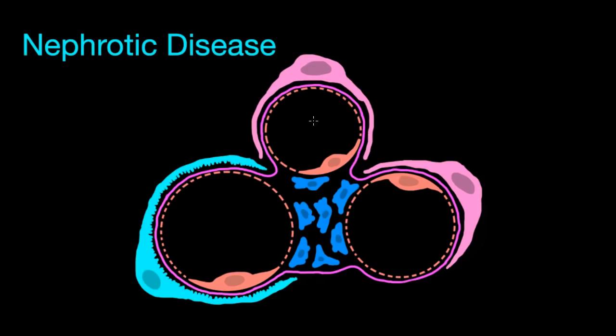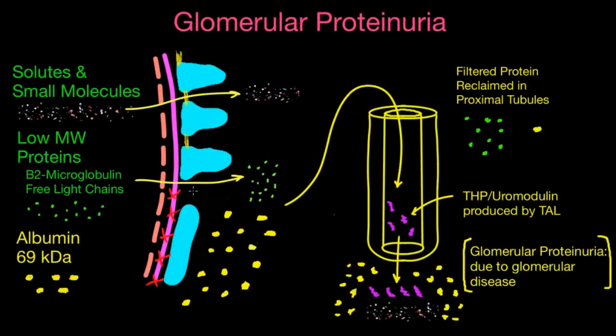So you don't see a lot of neutrophils or inflammatory cells activating everything. It's just like the podocytes get sick and die and fall off, and there are a lot of different reasons for that you'll learn about later. Okay, so let's zoom in to the filtration barrier and talk about proteinuria. Remember, under the normal situation, these are podocyte foot processes with the slit diaphragm in between, and so normally small units and small molecules will be freely filtered.